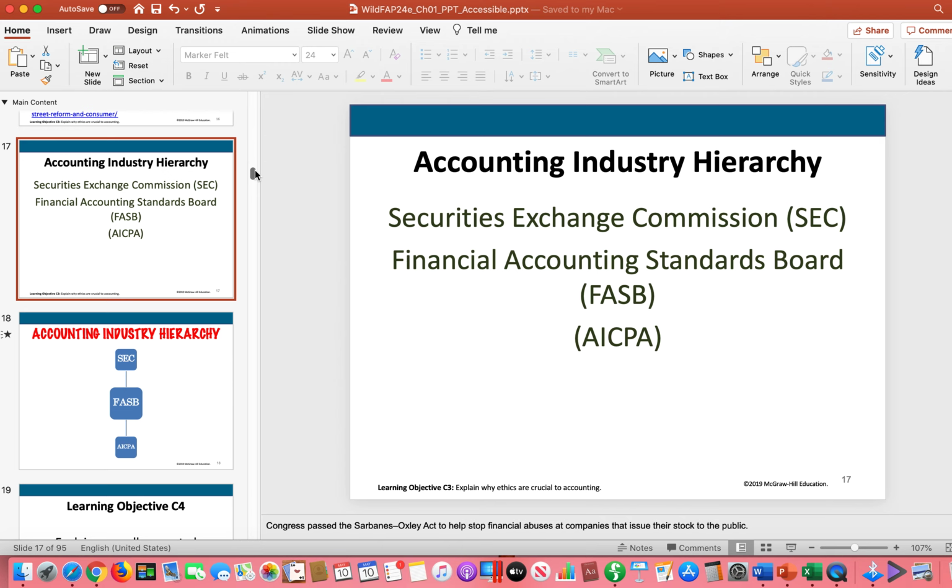The FASB is charged with establishing the principles and the rules of accounting. And the SEC pretty much lets them do that, though the SEC has the final authority to override any regulation or stipulation by the FASB. But for the most part, the FASB is in charge. Then you have an organization called the AICPA, American Institute of Certified Public Accountants.